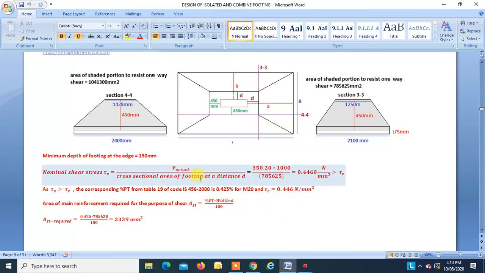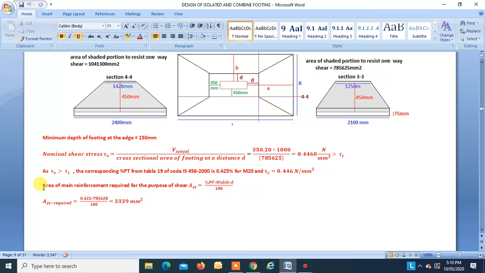So tau v is 0.446, and we take tau c also 0.446. For tau c equal to 0.446, and concrete grade M20, from Table 19 of IS 456:2000, we get PT equal to 0.425. So instead of 0.25 percentage, now we will be considering 0.425 percentage of steel.